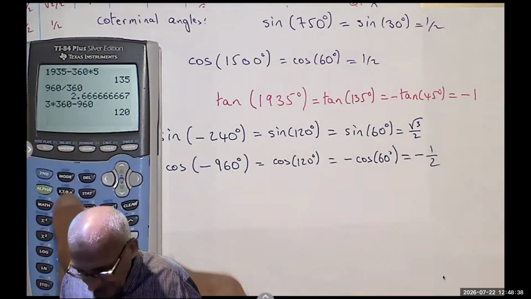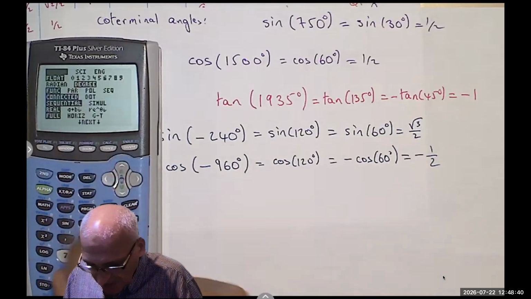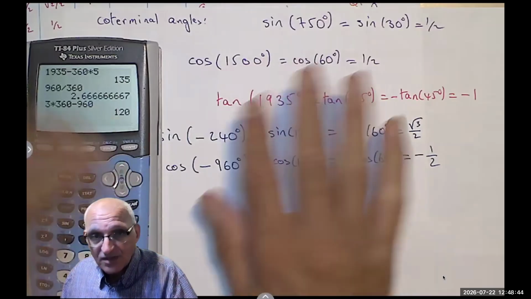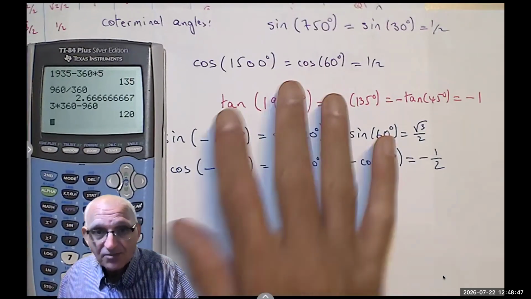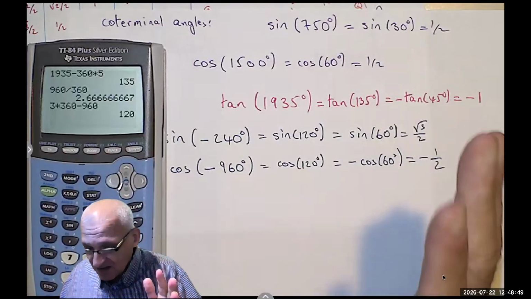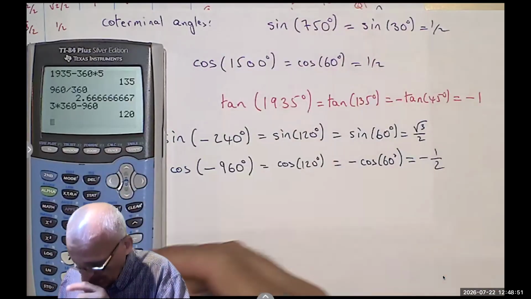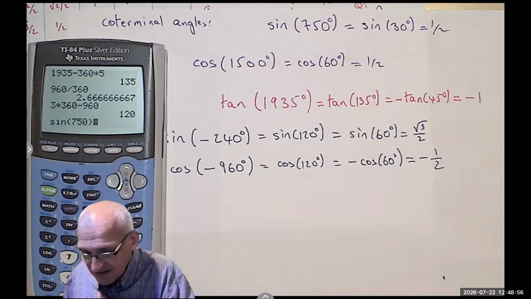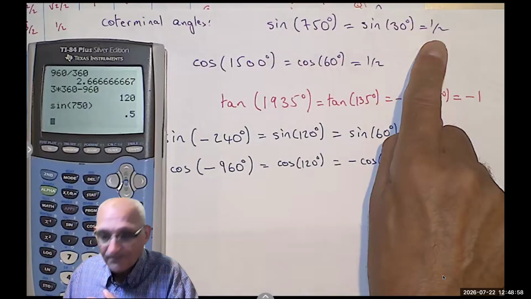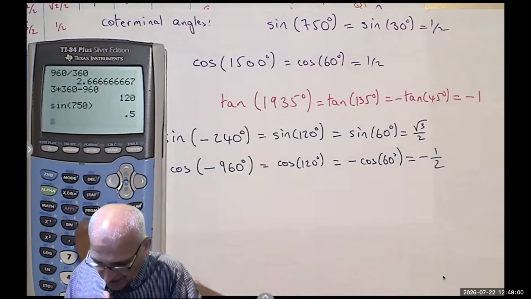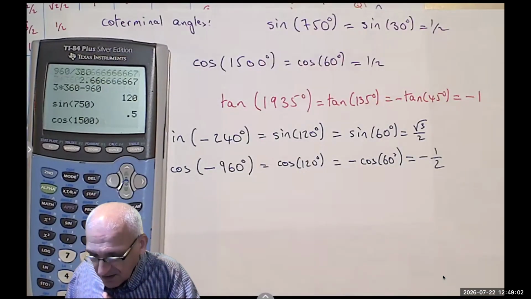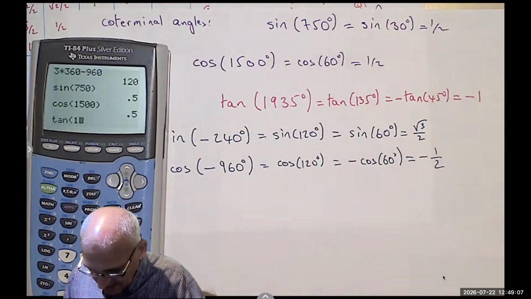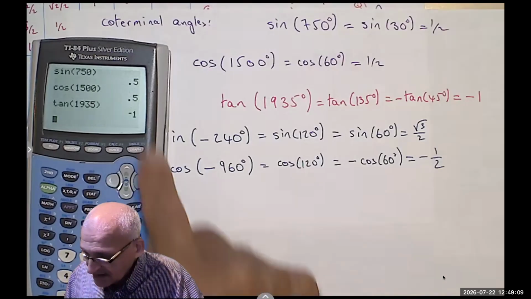Let's make sure I am in degrees mode. Yes, I am in degrees. This is something you have to make sure of, whether you are working with degrees or radians, which I'm going to discuss. I know it's a long lecture, but if I say sine 750, just checking our answers, I get 0.5. Cosine 1500, I get 0.5. Tan 1935 is -1.